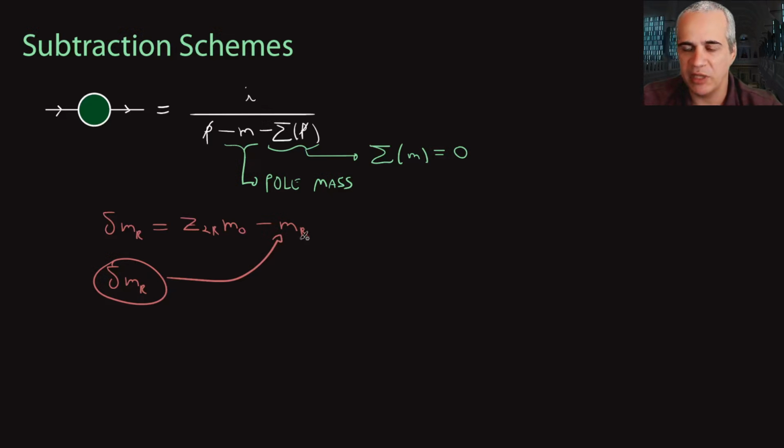What I'm losing now is that this mass has nothing to do with a pole in the propagator, not necessarily a pole in the propagator. So it's not a mass of any particle going on shell. Even calling it a mass might be an abuse of language. This is more like a coupling to a two-point interaction.